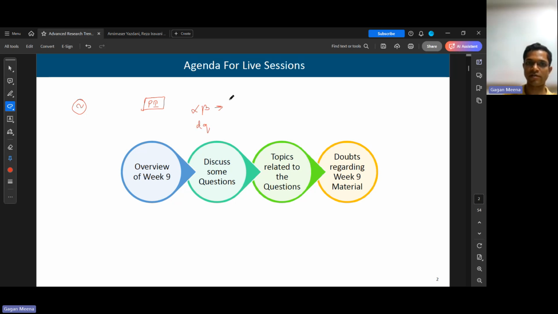This is called the stationary frame of reference, and this is called the rotating frame of reference. Stationary frame of reference and rotating frame of reference.